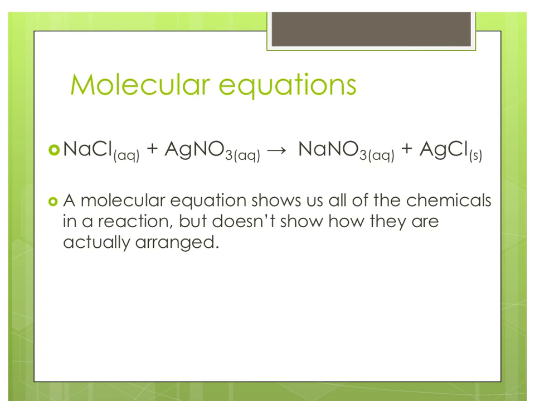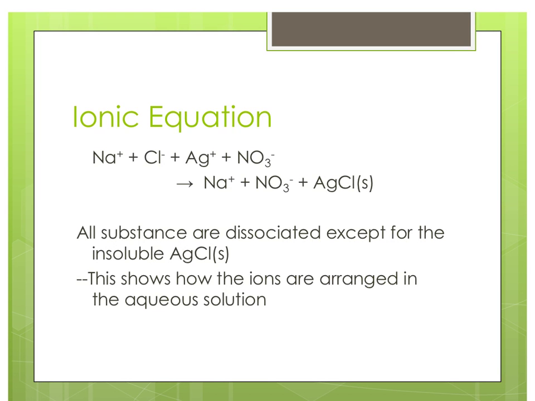So what we can do, and this is the Miss Frizzle type equation, really shows how the ions are actually arranged in the water in which they're dissolved. Because they're ionic, because they're just held together by opposite attraction, they can come apart and go back together.